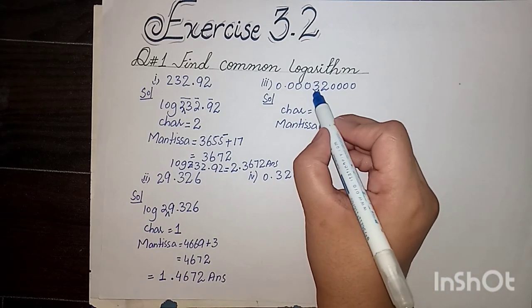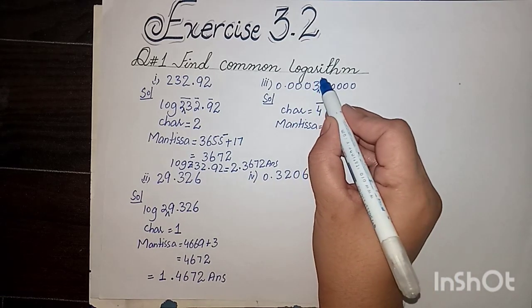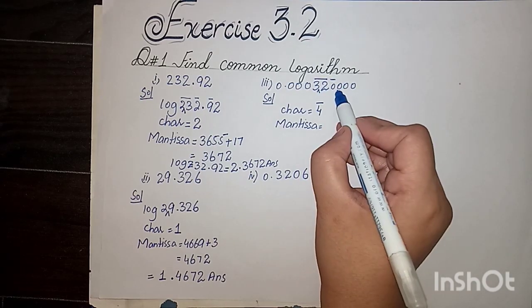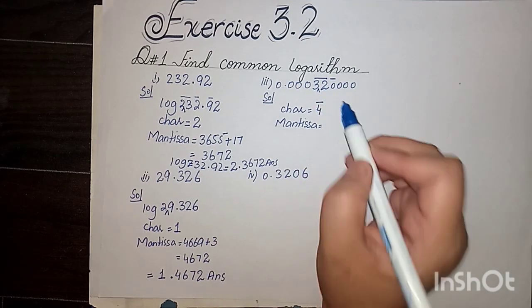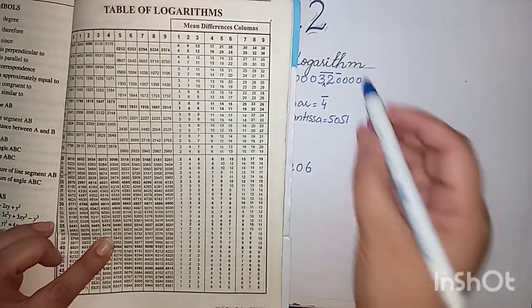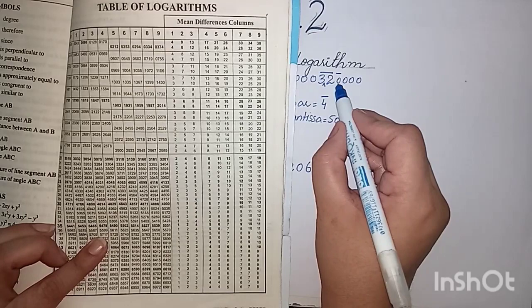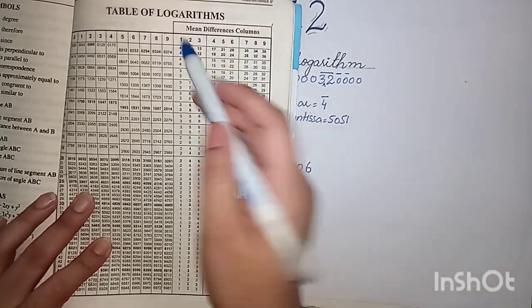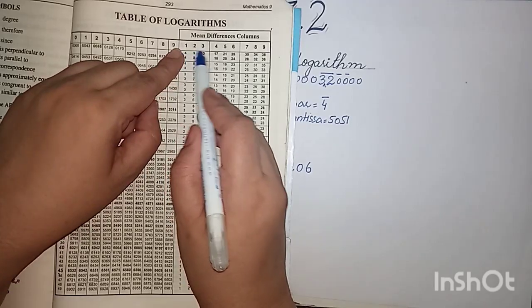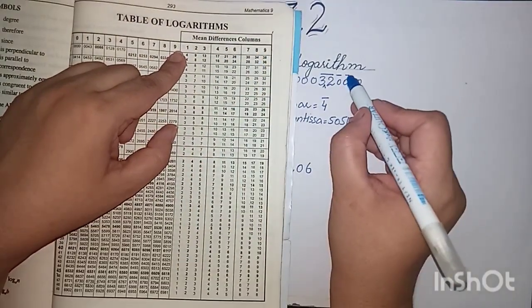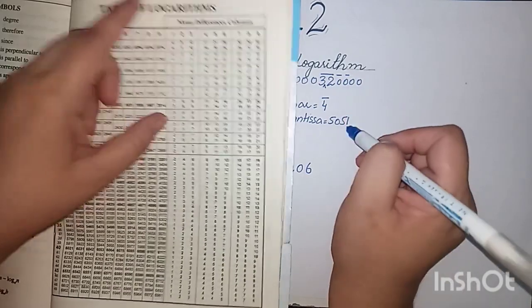So we will check 32 in 0 after making the pairs. This is 32 and this is 0. This is 5051. After 0 in the mean difference column, we see that there is no 0 column in the mean difference column, so we will not include this 0.